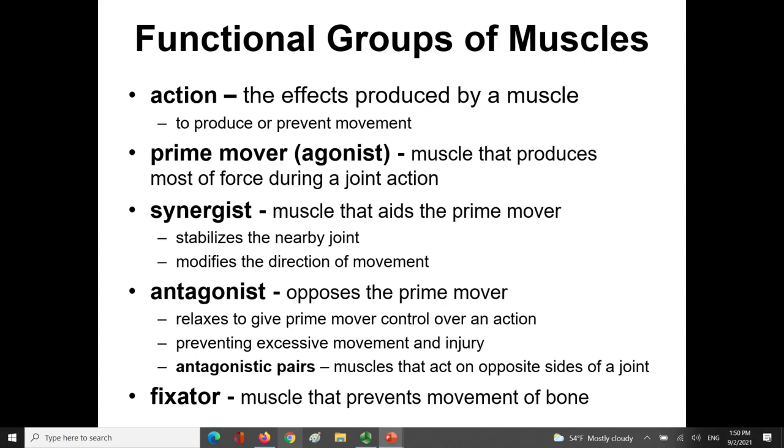It relaxes to give the prime mover control over an action, and it deals with preventing excessive movement and injury. There are also antagonistic pairs, and those are muscles that act on opposite sides of a joint. And then you can have a fixator, and this is a muscle that prevents movement of bone.